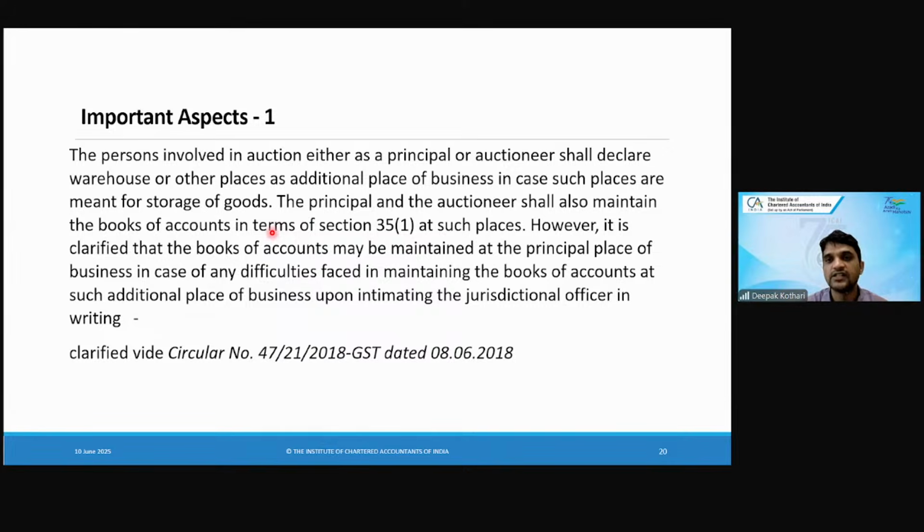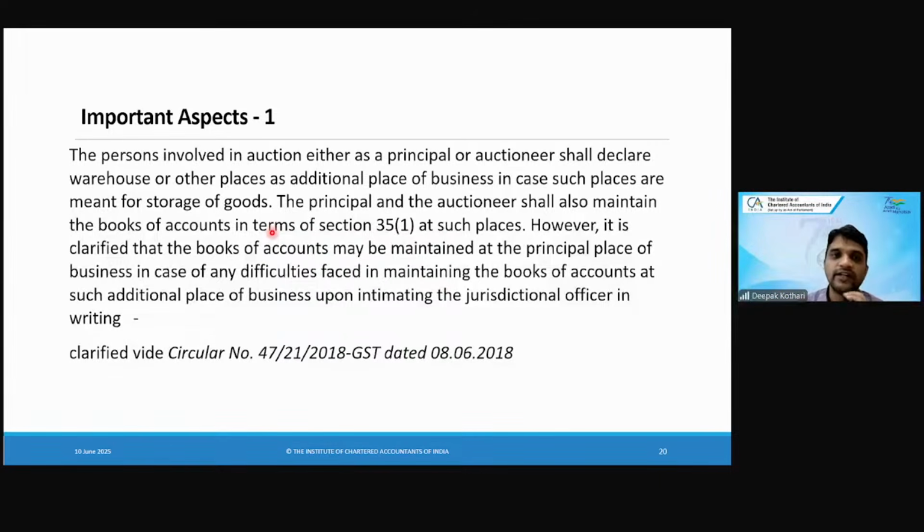You should have registered and you should store those goods at the registered place. Or if you're only doing auctioning services and you get commission from the principal, then you don't have to register. The principal will have to register. You have to pay GST only on the commission you're getting from the principal.